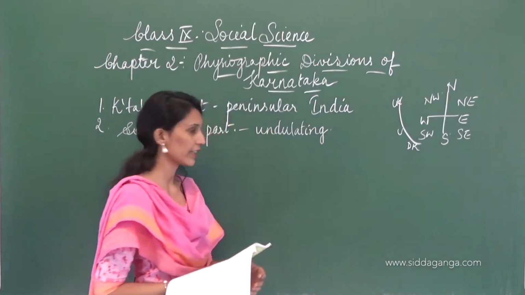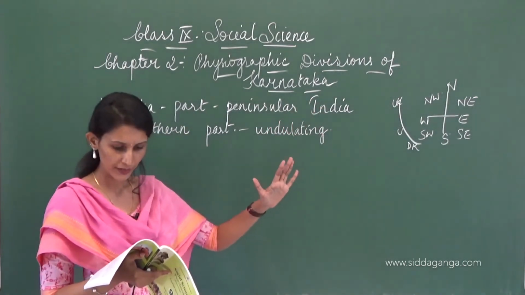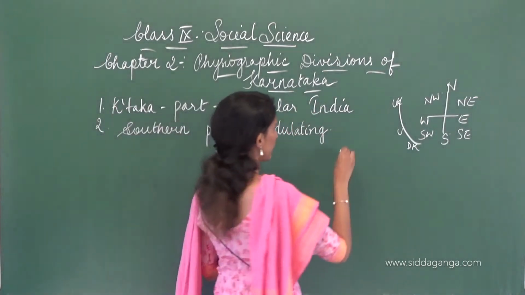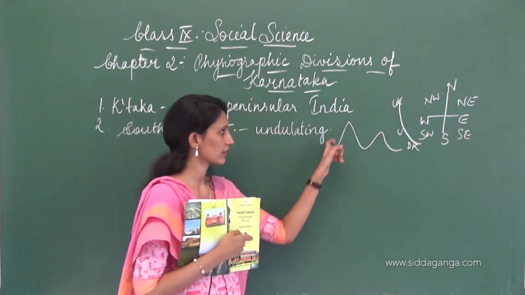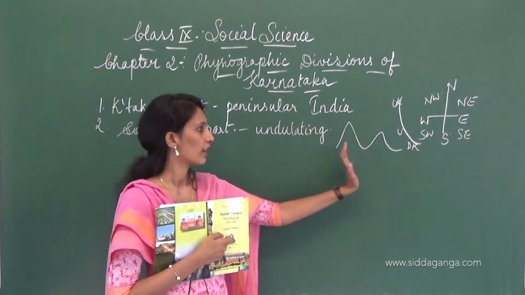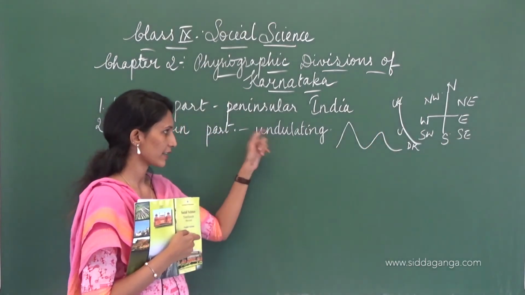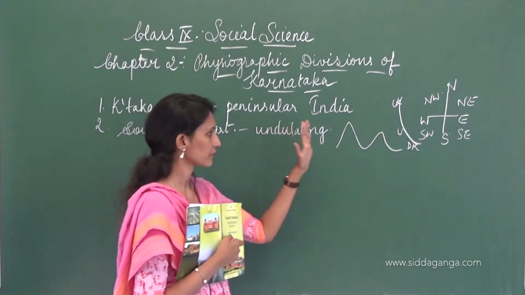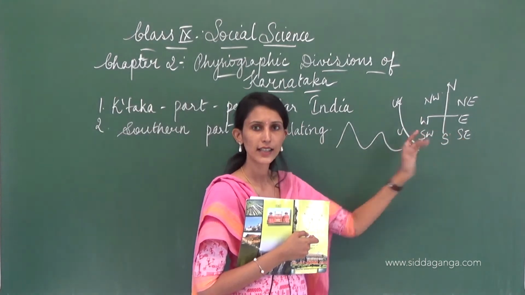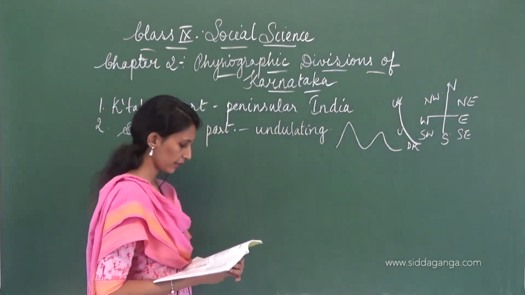This word undulating means there is rising and there are slopes, rising and falling like this. This going up and down is called undulating. The part that is there in the southern side is undulating. These slopes are there on this side.